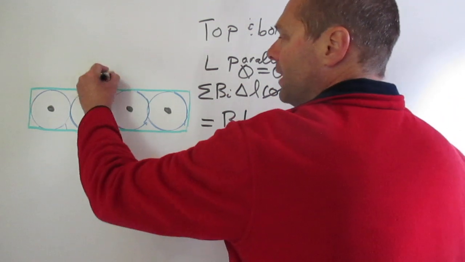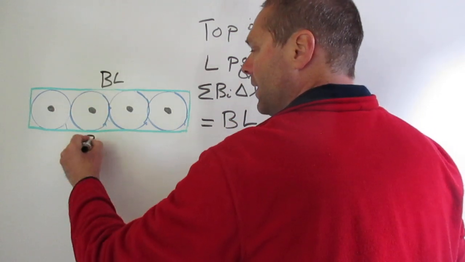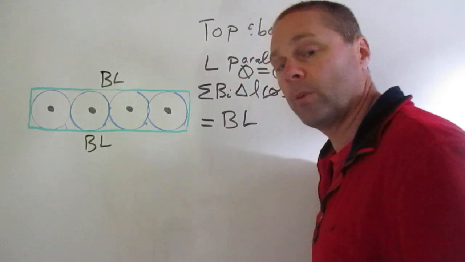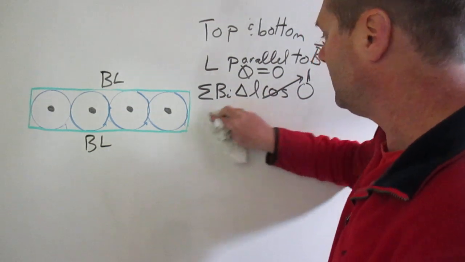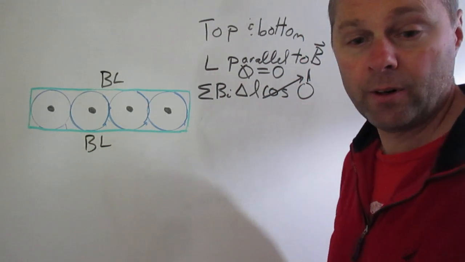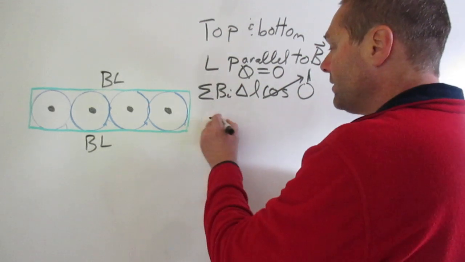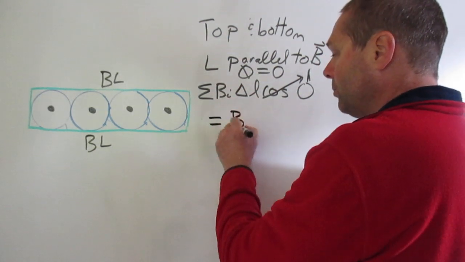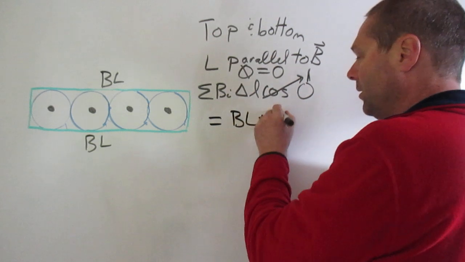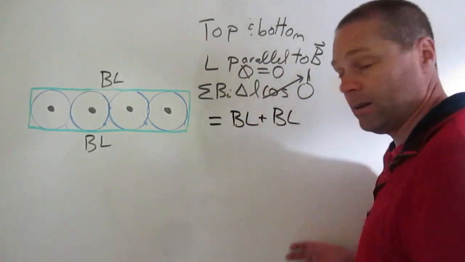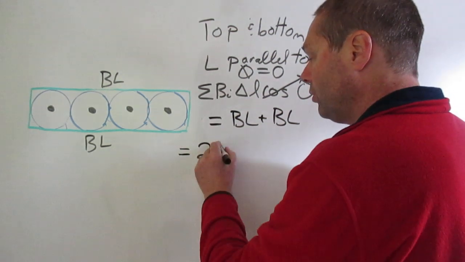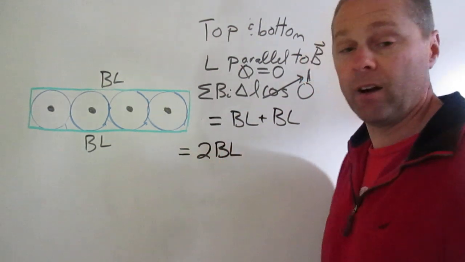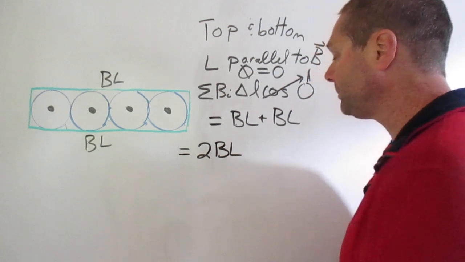Now we're going to have a BL for the top, and a BL for the bottom. Therefore, this whole equation is equal to BL for the top plus BL for the bottom. And this becomes equal to 2BL.